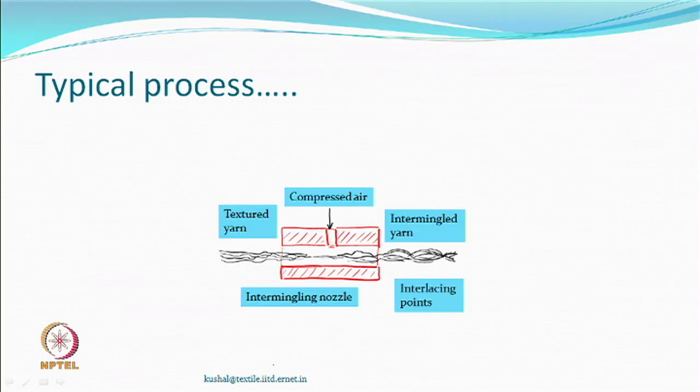And then they tried things like this. So, a typical process may be where air is impinging in this manner, very simply in a closed system, maybe by pulsating compressed air. So, you have, let us say this is a textured yarn, you could have called it a flat yarn also.